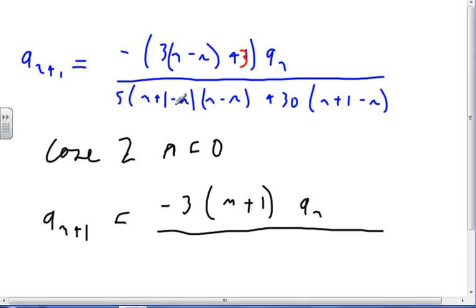Okay, r is 0, so I have 5n squared plus 5n plus 30n plus 30.